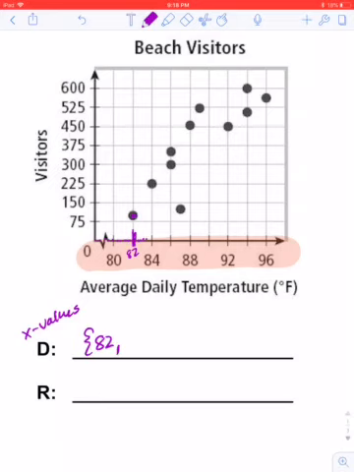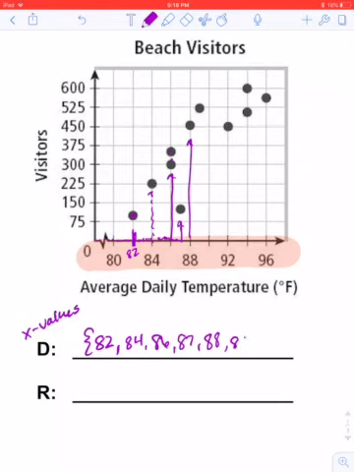So I'm going to keep reading across here. Oh, 84. That's the next one that's used. So that's my next domain value. I'm going to keep reading across here. Oh, I see that 86 is being used. Notice it's on there twice, but I only have to write it one time. Keep reading 87. Keep reading 88. Etc., etc. A lot of numbers there.